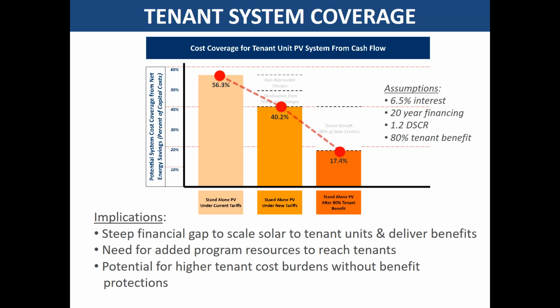So in our analysis, we looked at tenant benefits under a number of scenarios. And the third bar over from the left, the dark orange bar, shows the percentage of project costs that could be covered where a tenant receives 80% of the value of the solar credits that are generated. So effectively, a substantial decline in the amount of coverage or contribution, if you will, that tenants could potentially make towards the cost of these systems.